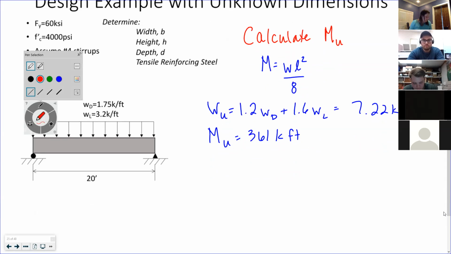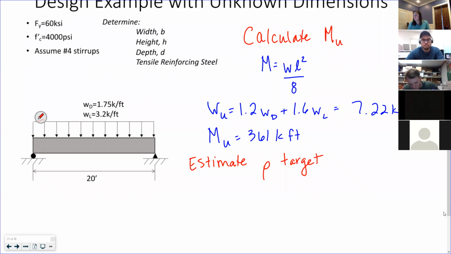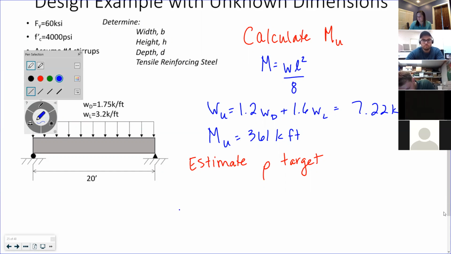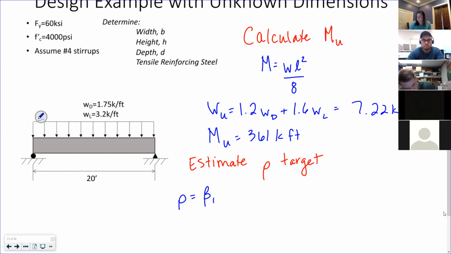So now we need to estimate a target reinforcement ratio. So we got 4,000 PSI, so my beta 1 is 0.85.